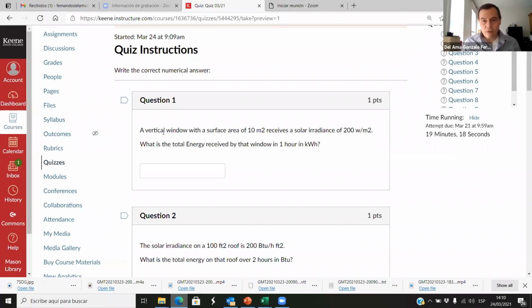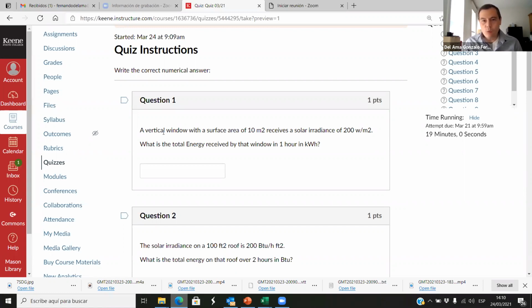So we can heat up water, and that's fine because in our heating systems, we need hot water, or in our domestic hot water systems, when we are taking a shower, we need hot water. So hot water is something useful in buildings.